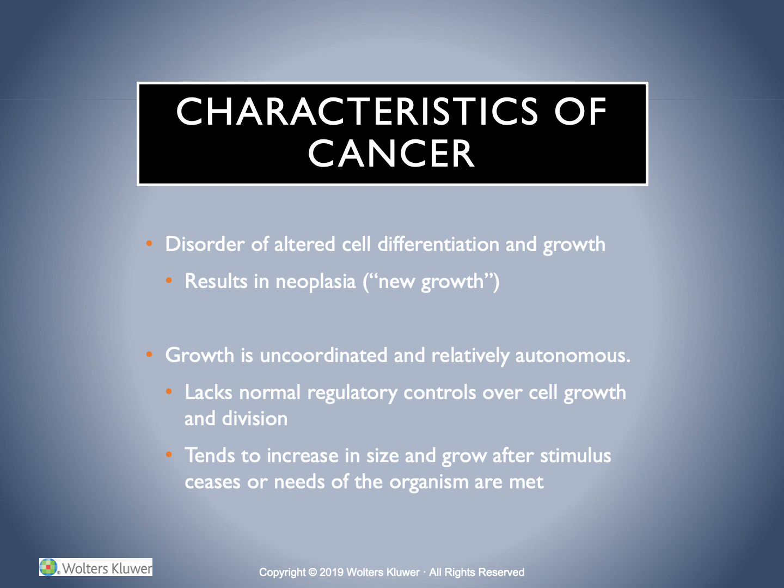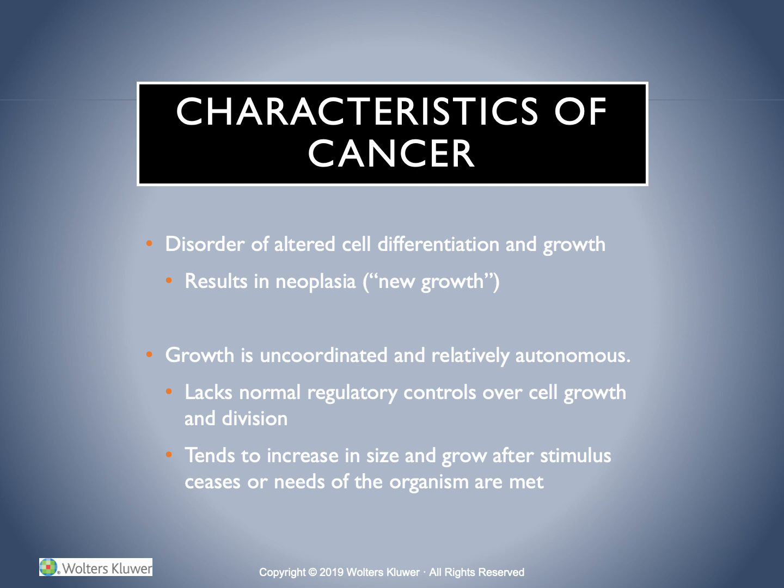They can also have abnormal cell morphology. Cancer cells often have abnormal shapes and sizes compared to normal cells. They may have enlarged or irregular nuclei, increased nuclear to cytoplasmic ratio, and other structural abnormalities.